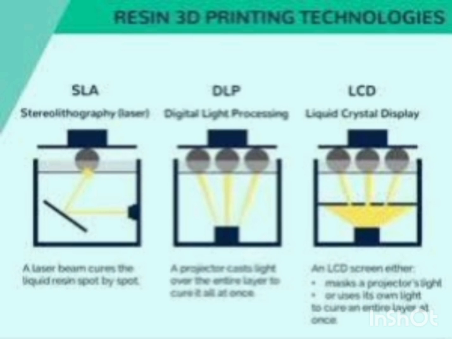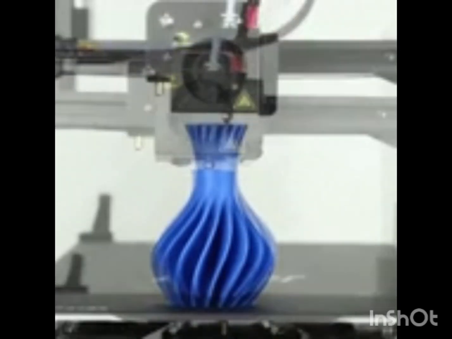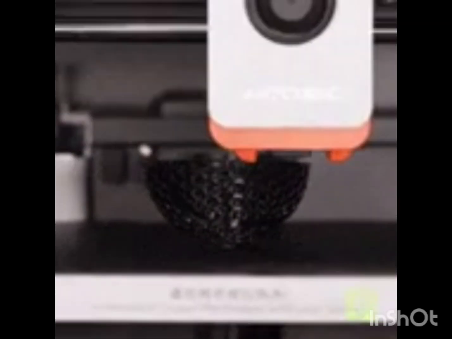So, a 3D printer is a machine that creates a three-dimensional object by adding material layer by layer from a digital design. Unlike traditional manufacturing, where material is cut away from a solid block, 3D printing is an additive manufacturing process.